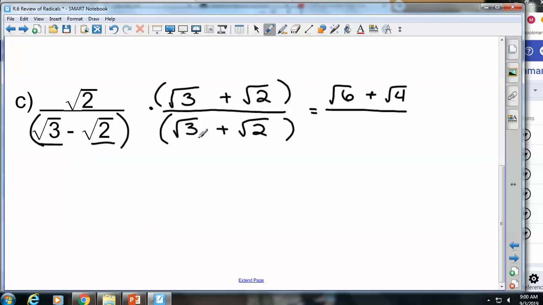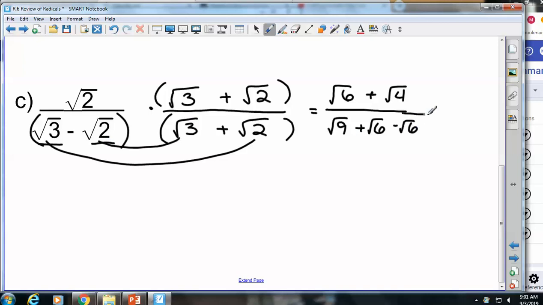Square root of 3 times the square root of 3, the square root of 9, plus the square root of 6, minus the square root of 6, minus the square root of 4.